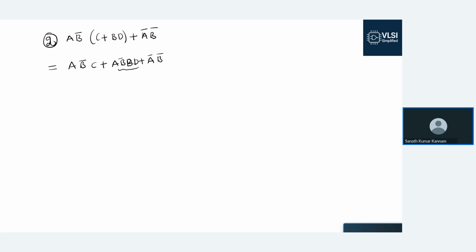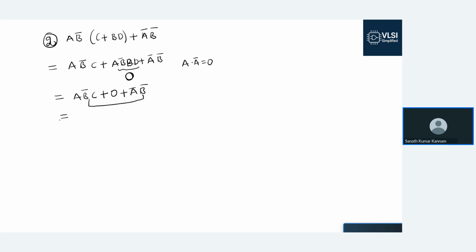So what is this one? This is nothing but 0. Why? Because from the AND law, A and A bar equals 0. So that means AB bar C or 0 or A bar B bar. So this is equal to what? From this, what can you take common?